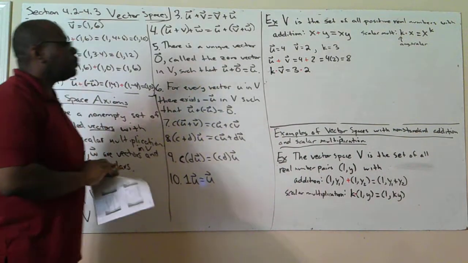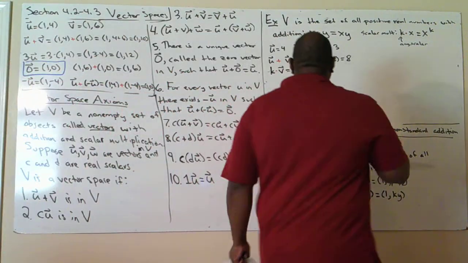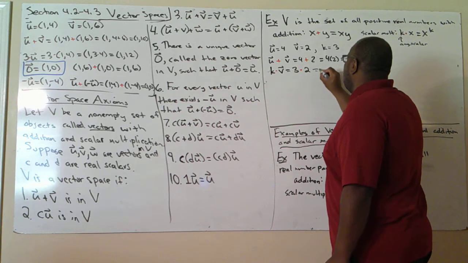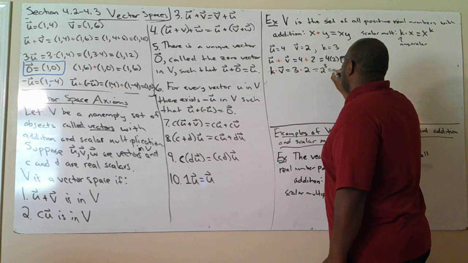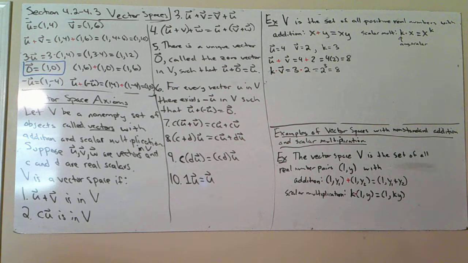What is 3 times 2? Well, that's the same thing as 2 to the 3rd power, which is 8. So 3 times 2 is 8, and 4 plus 2 is 8. Okay? Makes sense to me. Hopefully it makes sense to you too.